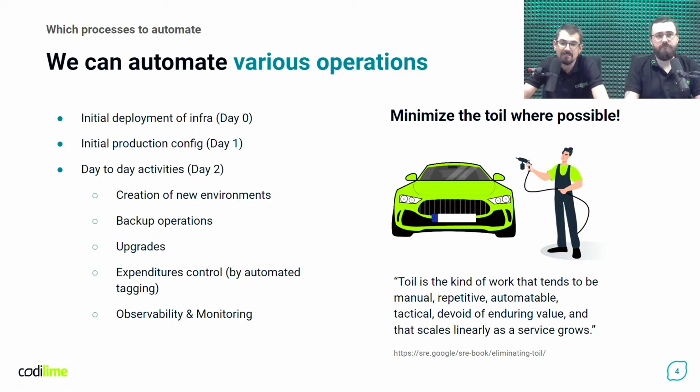And then, last but not least, or maybe the most important, day-to-day activities called day two automation. So creation of new environments, backup operations, upgrades, control of our cost and expenditures thanks to the automated tagging of the cloud resources. And last but not least, observability and monitoring configuration.